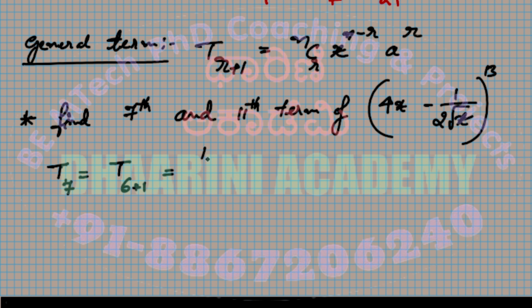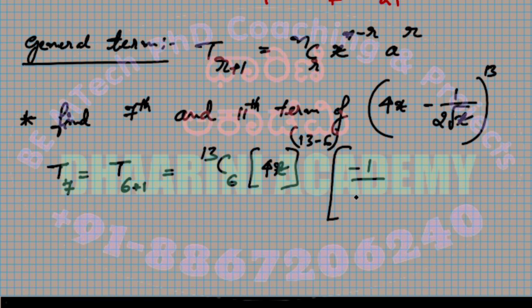So this is 13C6. x is the first term, that is 4x, raised to the power n minus r, 13 minus 6, is the power. And the second term, a, is equal to minus 1 by 2 root x raised to the power r, so that is 6.